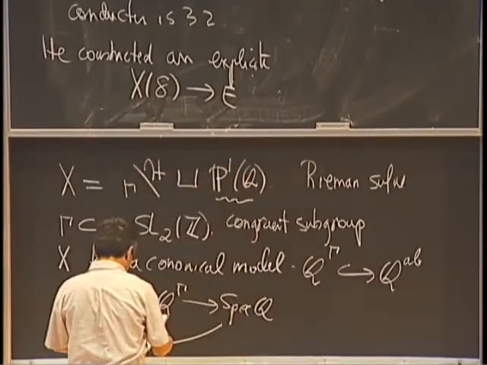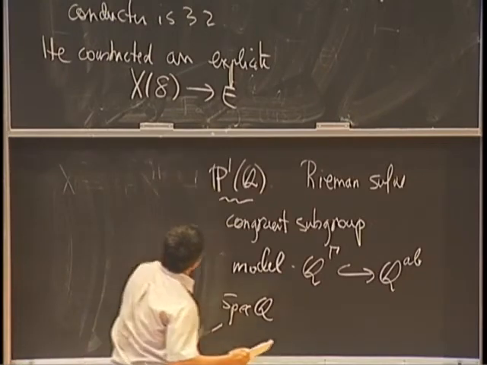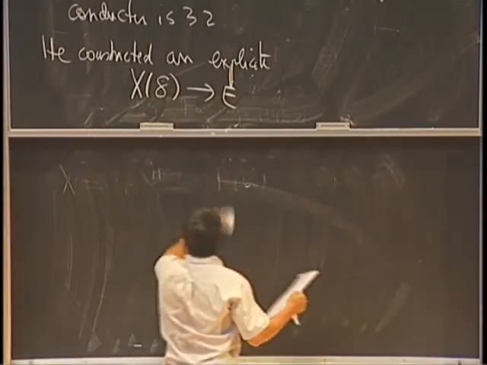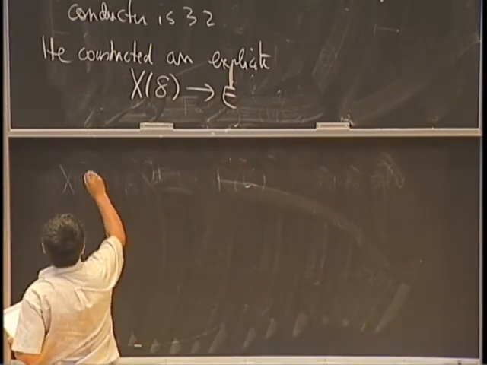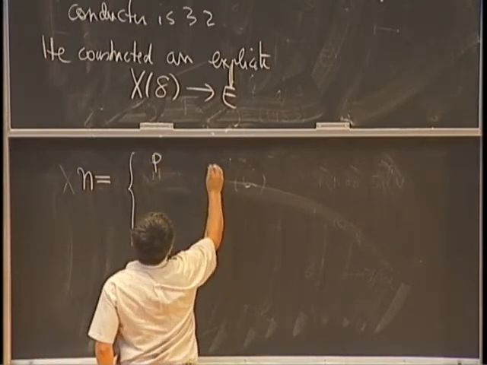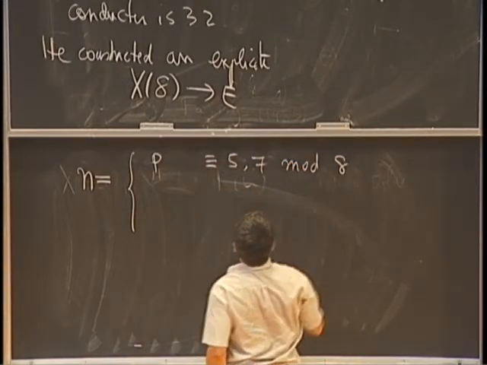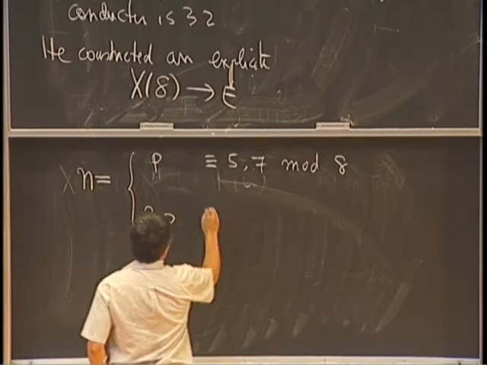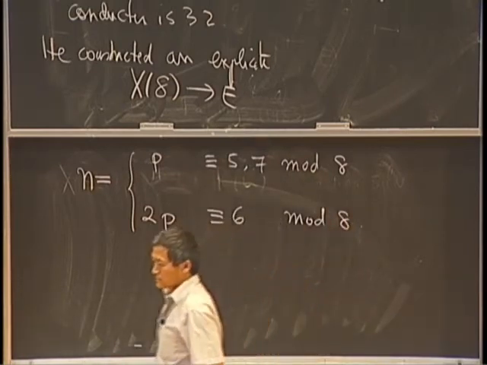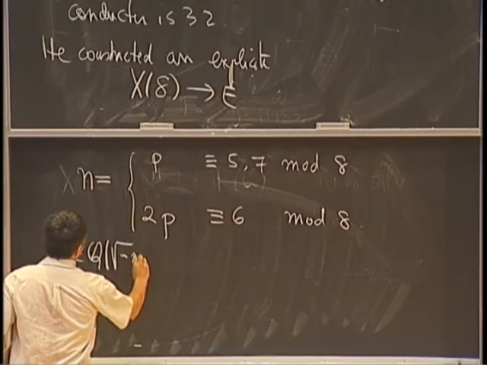And not only that, he also took n to be either a prime p congruent to 5, 7 mod 8, or 2p congruent to 6 mod 8. And he can see this K equals Q(square root of negative n).